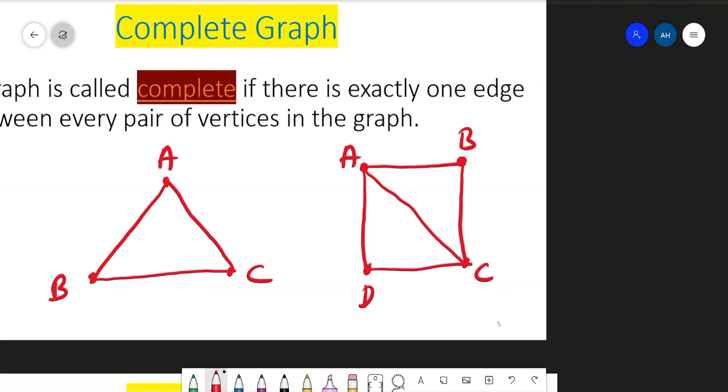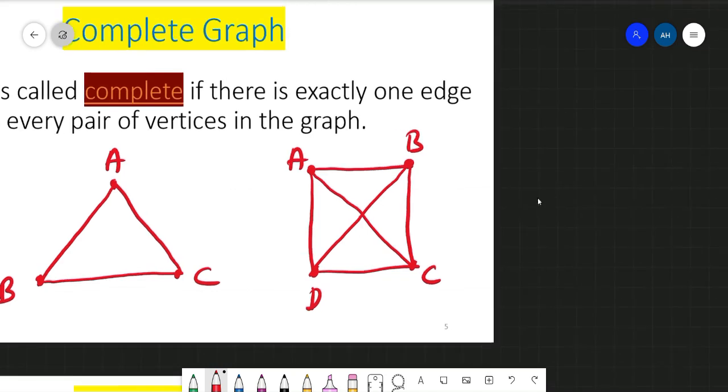Not yet, because there is no line joining B and D. So if we draw this particular edge here from B to D, now is the whole graph complete? Yes. Now this graph A, B, C, D is complete because there is an edge connecting any two vertices. For example, from A to C, you have this edge. From B to D, you have this direct edge here. From A to B, you have this one. You see, you have an edge between any vertices. Therefore, this graph here is complete.